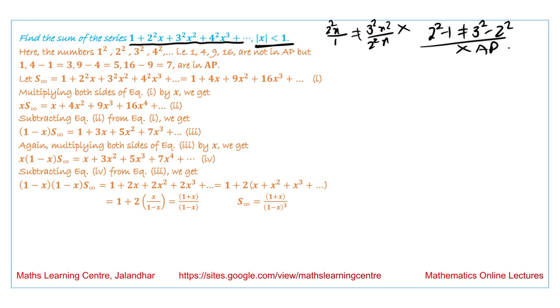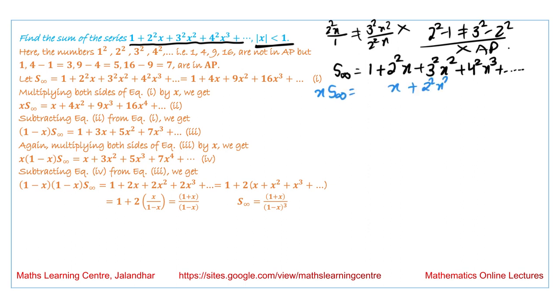So what we are going to do over here is, suppose S infinity is equal to 1 + 2²x + 3²x² + 4²x³ and so on. Now if we multiply both sides of this equation by x, we get x·S infinity is equal to x + 2²x² + 3²x³ and so on.